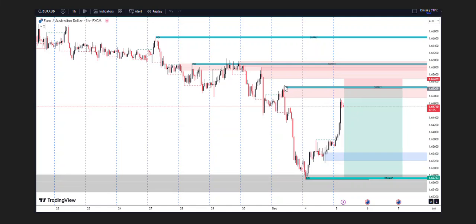So what happened after the creation of this POI: price dropped, and we confirmed our break of structure. This can also be taken as our swing low being taken out, and price dropped to this extent, then gradually pulled back. So this was when I saw this, and I was waiting for price to create this liquidity area.